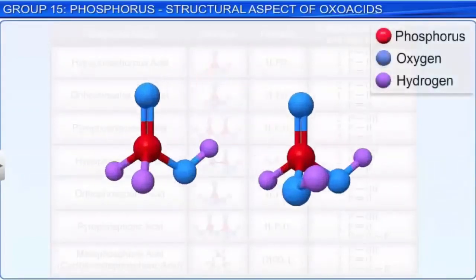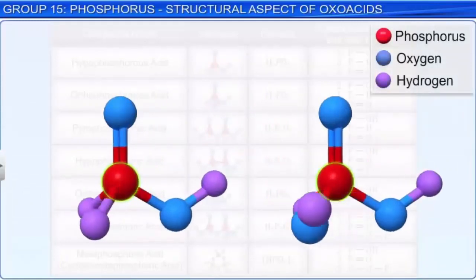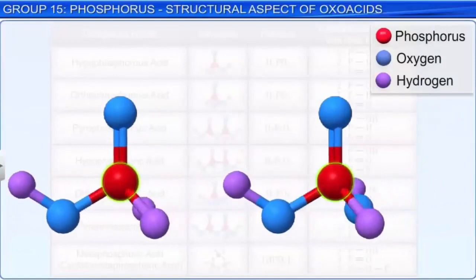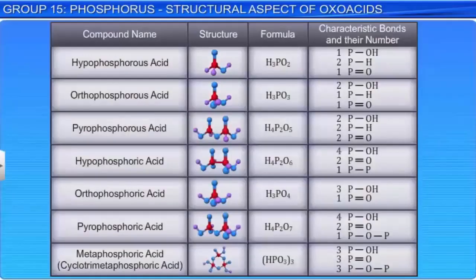In all of these oxo acids, the central phosphorus atom is surrounded tetrahedrally by other atoms. At least one P=O double bond and one P-OH bond are essentially present in all of these oxo acids.